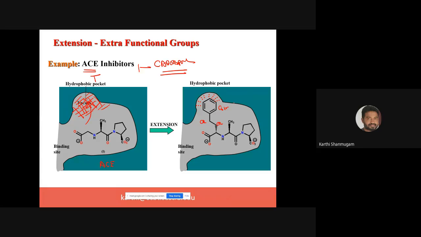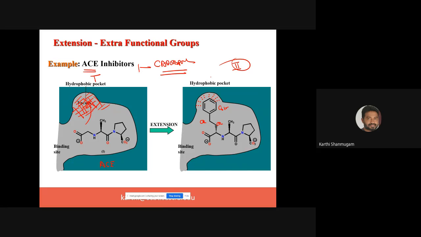The second one, sir. Right. In this case, we can expect the second molecule to have stronger interaction with the binding pocket of angiotensin converting enzyme compared to the first one, because the hydrophobic region is better utilized by the second compound.